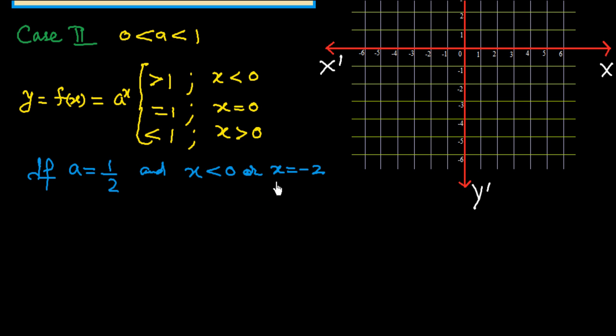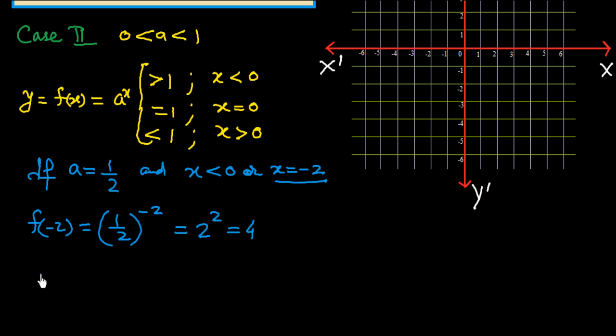We are taking here smaller than 0, minus 2. So what happens? A is 1 by 2, f of minus 2, we are putting 1 by 2, and the power is minus 2. So we get 2 power 2, which is 4 now.